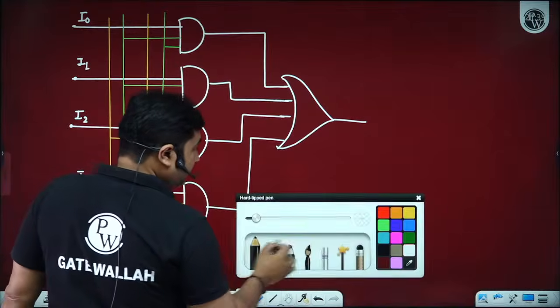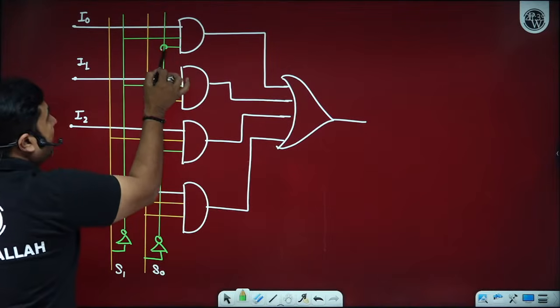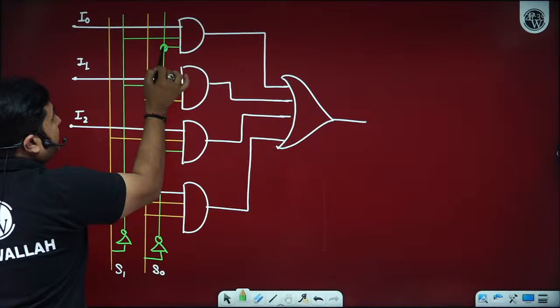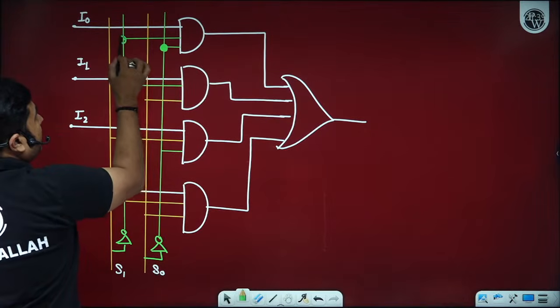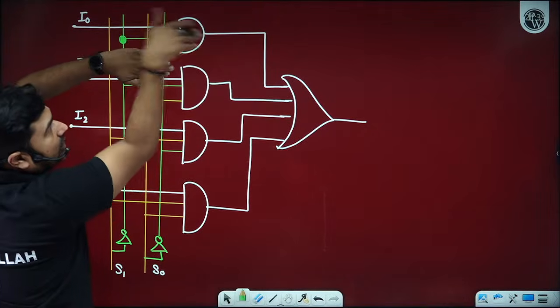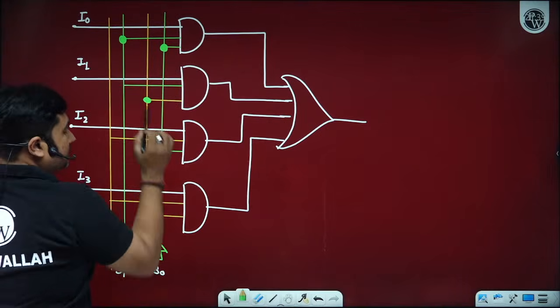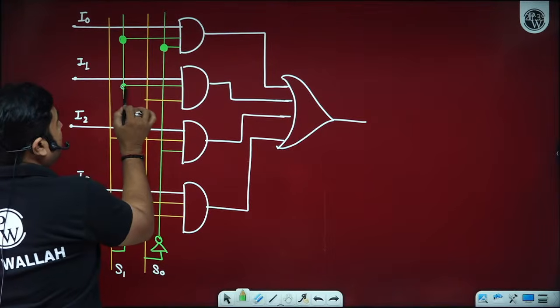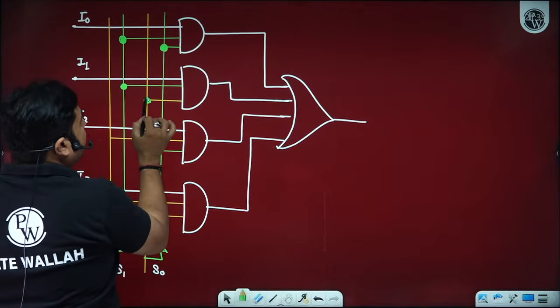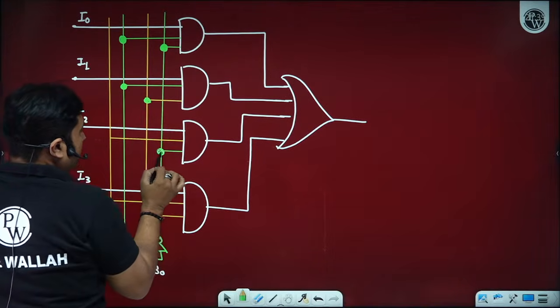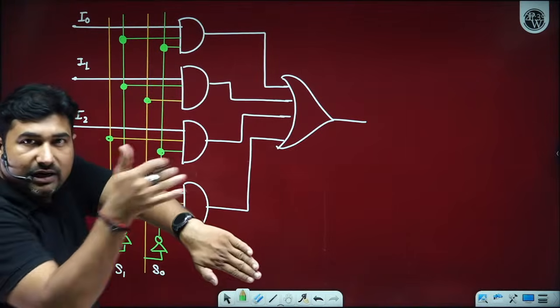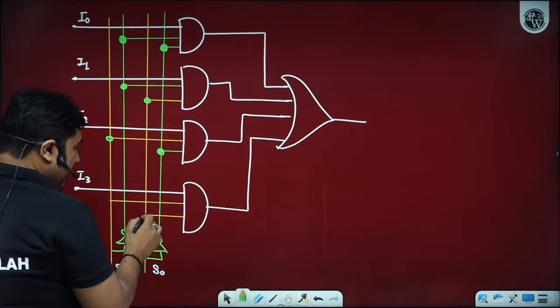Now please observe, whenever these dark symbols are represented, it means the two lines are shorted. Other things are all overlapping. So always remember, these dark dots are representing connections. Otherwise, they are all just overlapping. Okay? Yes, sir.